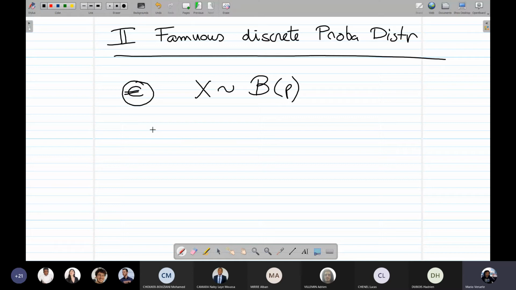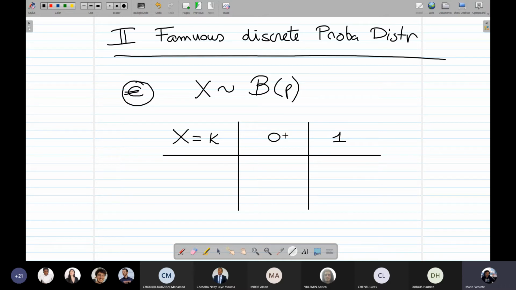Well, that means that you have two possible values for X equals k. k can be either 0 or 1. Usually 1 is also called success. Fail, success, 0, 1, whatever. And the probability that X takes the value 1 is p.